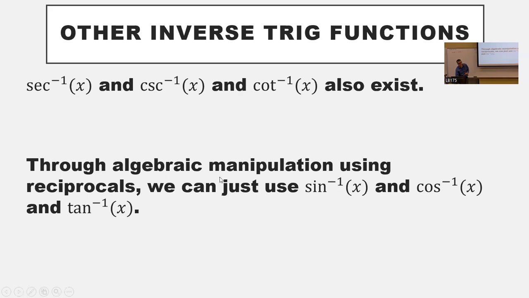So we'll do the algebraic manipulation because inverse sine, inverse cosine, inverse tangent are all on my calculator. If I wanted to do inverse secant, well, that's not going to be on my calculator, so it's just easier to algebraically manipulate. Okay, so that's what we're going to do.